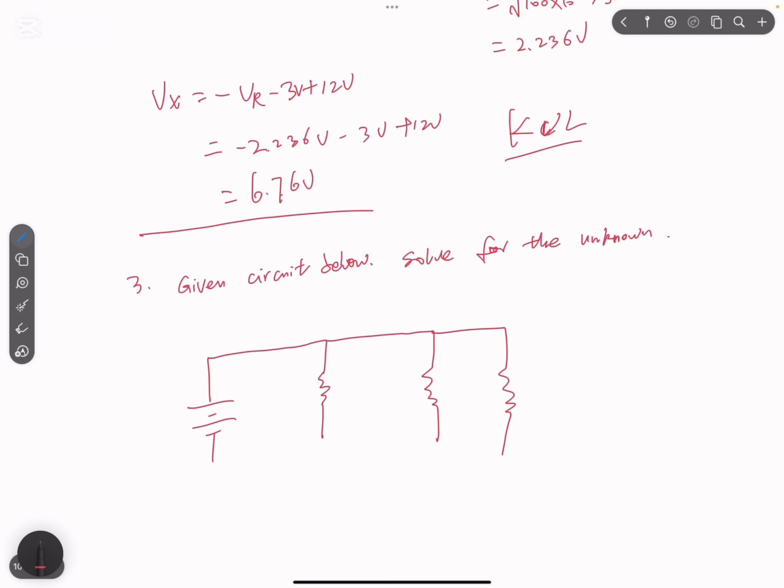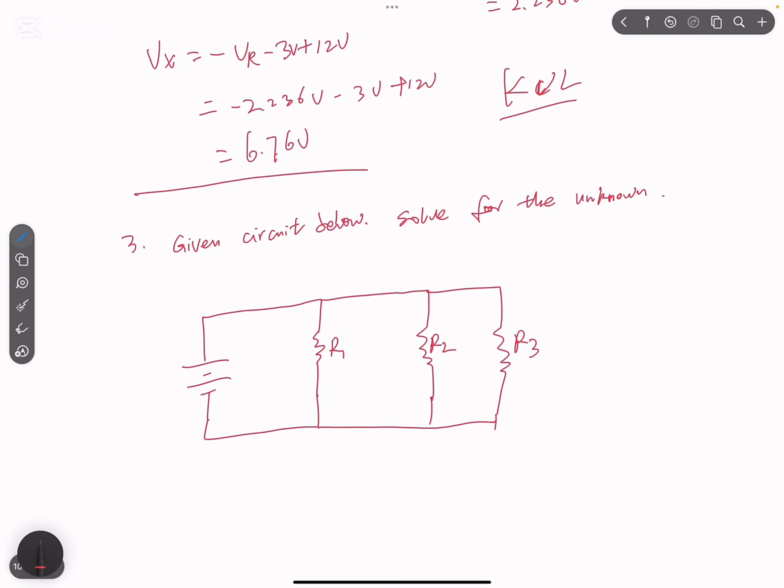We have another resistance, so this is basically a parallel circuit. We have R1, R2, R3. This is E. We have the total current here, so I equals 220 milliamps.